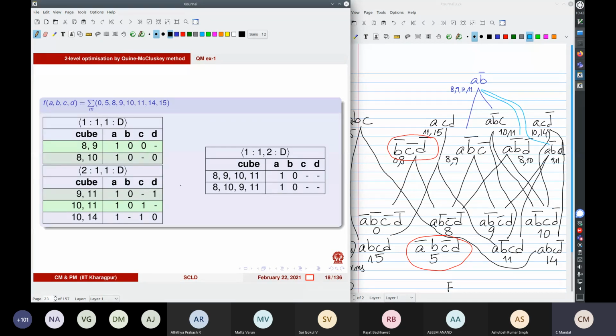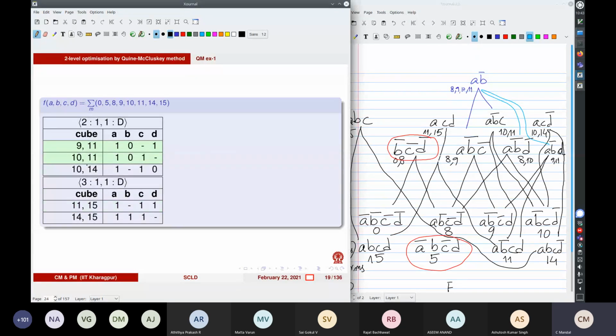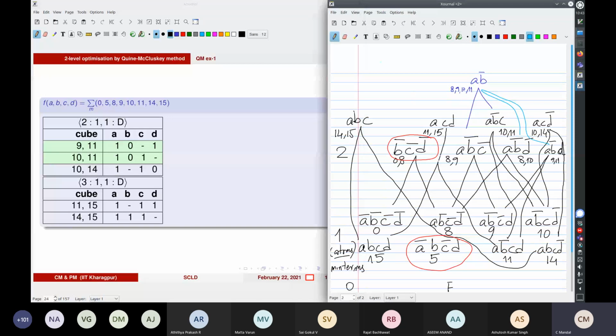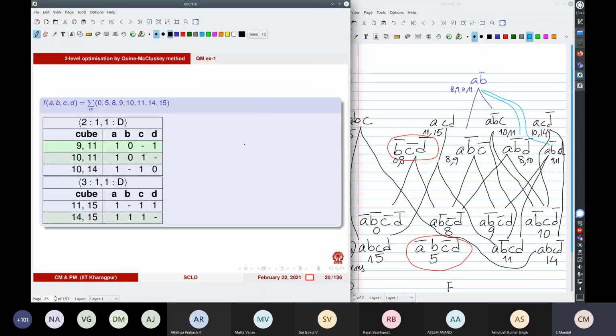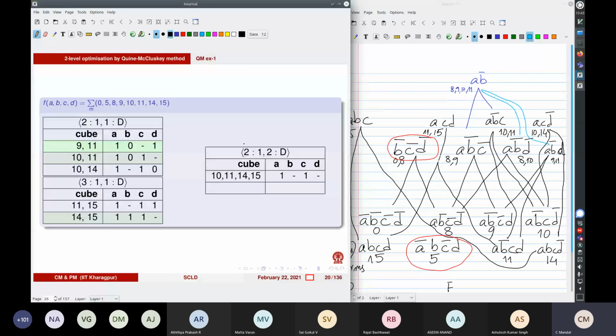Now you will combine cubes with 2 number of ones and 3 number of ones and 1 don't care. So let us see what we get. This is the only one we get, it seems.